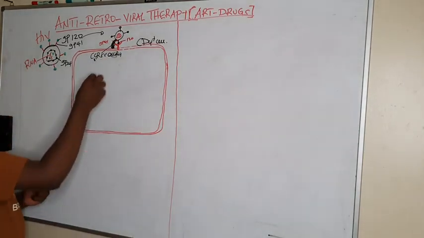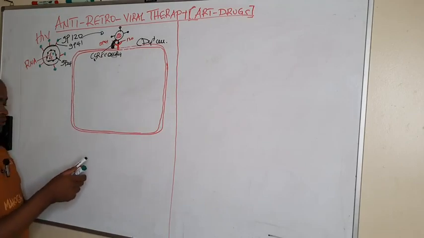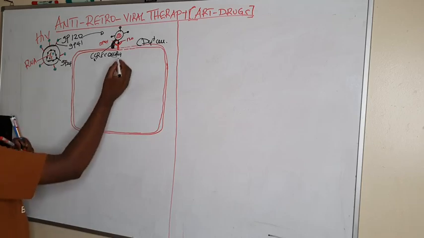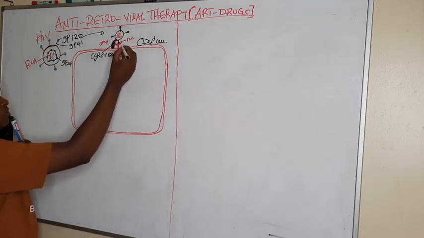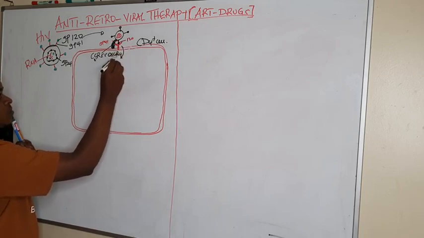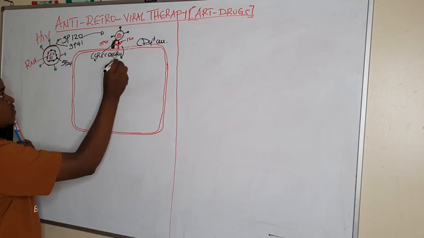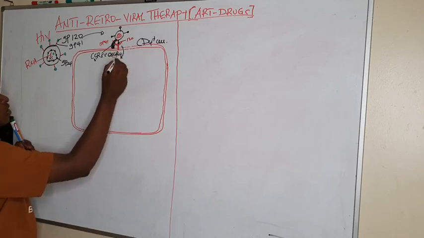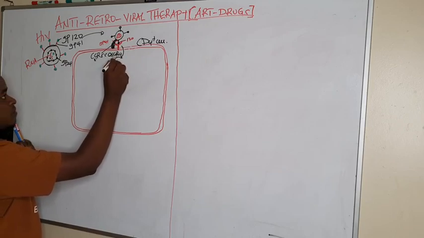So with the help of this, the HIV virus is able to enter by endocytosis or pinocytosis, and it is able to enter into the host cell. And when the virus enters into the host cell, it uncoats.